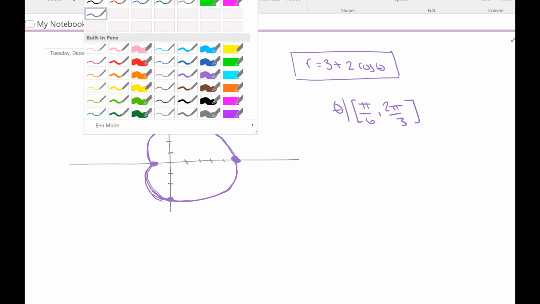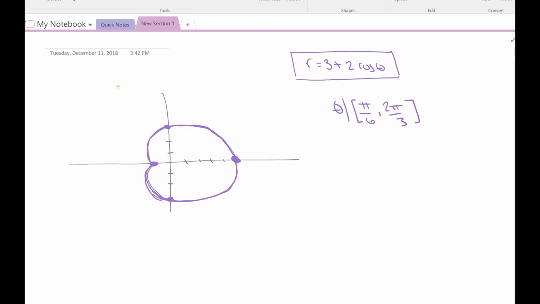So if you were highlighting this, my guess is you probably asked yourself, well, when theta equals pi over 6, okay, here is pi over 6. When theta equals pi over 6, I'm right here. And when theta equals 2 pi over 3, I am right here. So the portion of the graph that is traced over that interval is right here, okay?